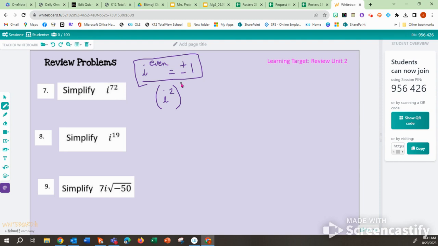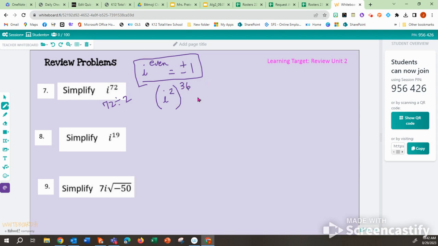So 2 times, I was about to say 31, and that's not right, 36. So you could do 72 divided by 2. That's kind of what I did in my head. 72 divided by 2, because this 2 times this number has to give me this 72. A power to a power, we always multiply those.